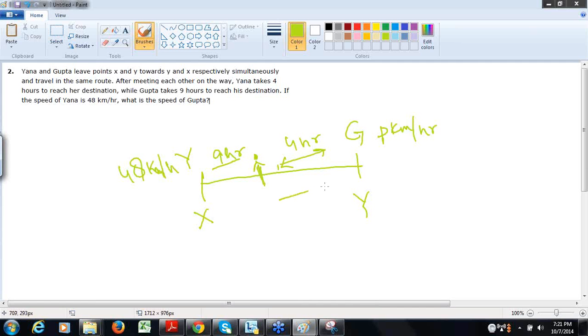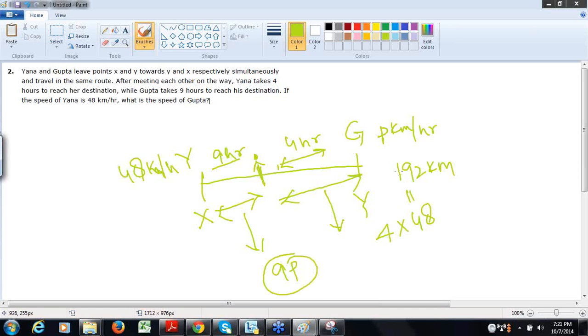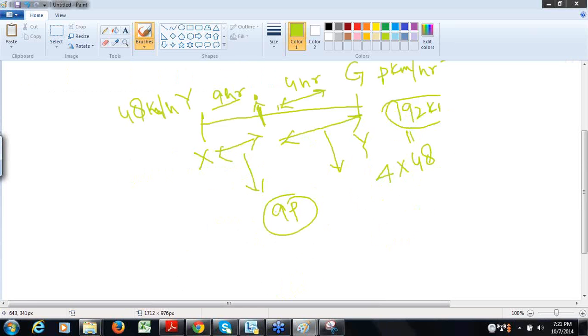So this distance will be 4 into 48, which is equal to 192 km. And this distance will be 9 into P, where P is Gupta's speed. So 9P and 192 km.